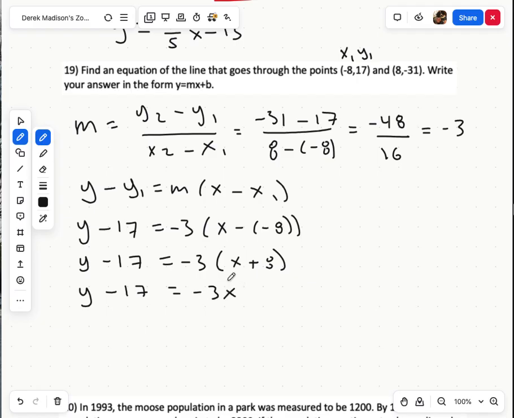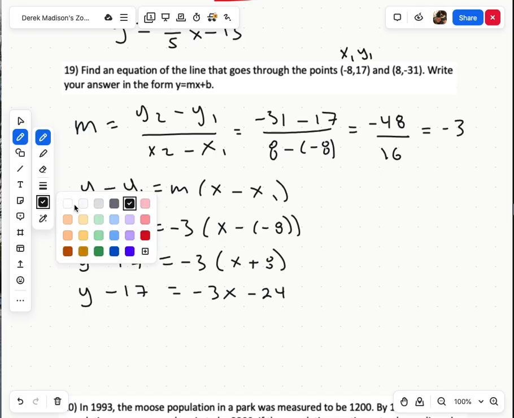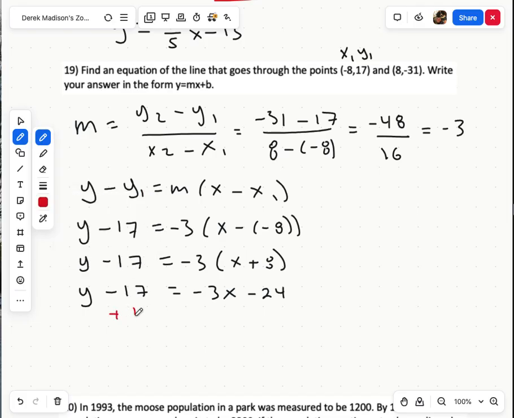So negative 3x and then a minus 24 right there. And you can tell that up here because there were 1, 2, 3 negative signs, so that means it's going to come out negative. And then we'll just add that 17 over and we got it. That is pretty much it. So y equals negative 3x, and then that would be 3 and 4 for 7, minus 7.